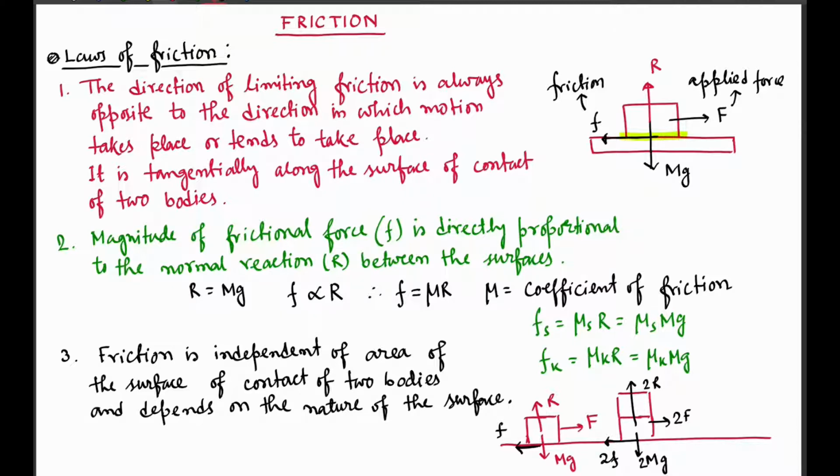Similarly, two identical blocks are placed like this, side by side, and the two blocks are connected. Now here 2F is the amount of force, 2mg is the weight, 2R is the reaction, and 2F is the frictional force.